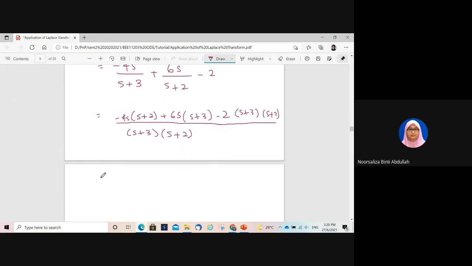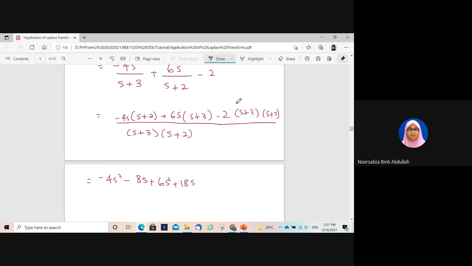Okay, so kita kembangkan satu-satu. Betulkan saya sebab saya banyak-banyak ni nanti selalu salah ni. So this one will be minus 4s square minus 8s, and then plus with 6s square plus 18s.